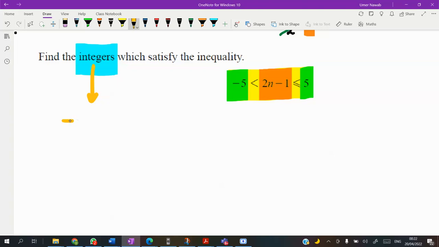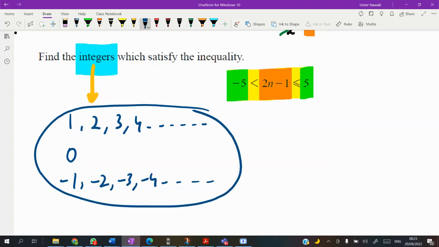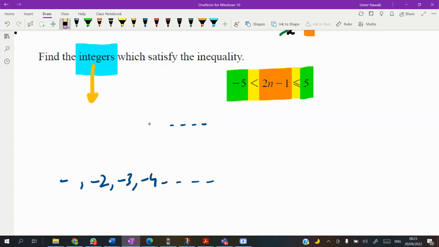So all the positive numbers, 1, 2, 3, 4, any natural numbers, are integers. Then 0, then minus 1, minus 2, minus 3, minus 4. These numbers are integers. Now he says which set of integers satisfies this inequality.